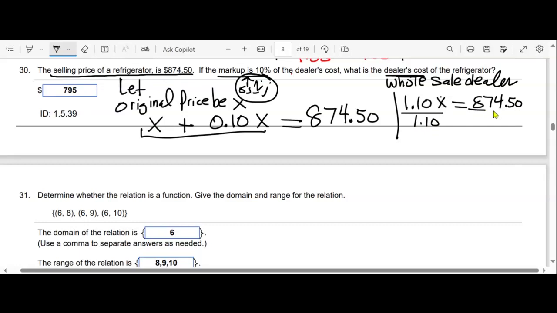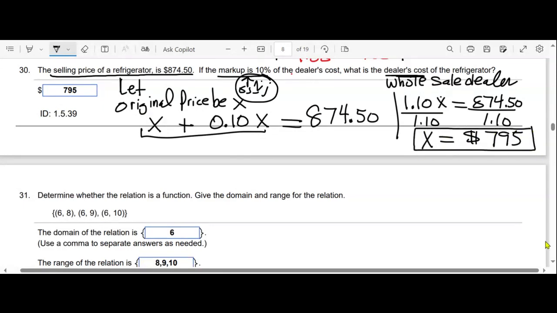Divide by 1.10. Tell me by calculator how much. $795. Good. So we get the answer. He bought the fridge from the wholesale dealer for 795.